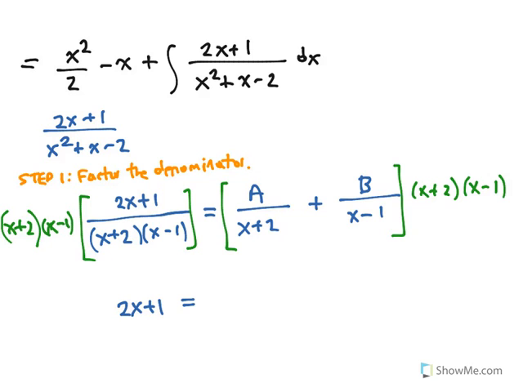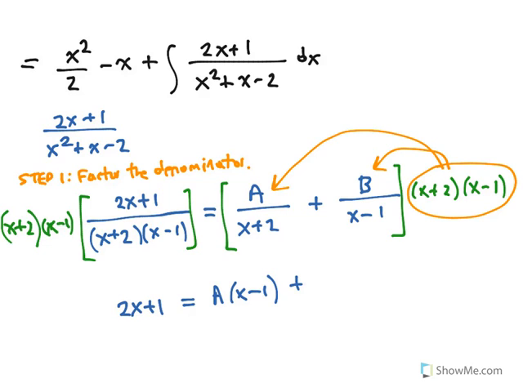On the right side of the equation, you will distribute the LCD to each partial fraction. In the first one, the denominator will cancel the factor x plus 2, leaving you with a times x minus 1. In the second one, the denominator will cancel the factor x minus 1, leaving you with b times x plus 2.